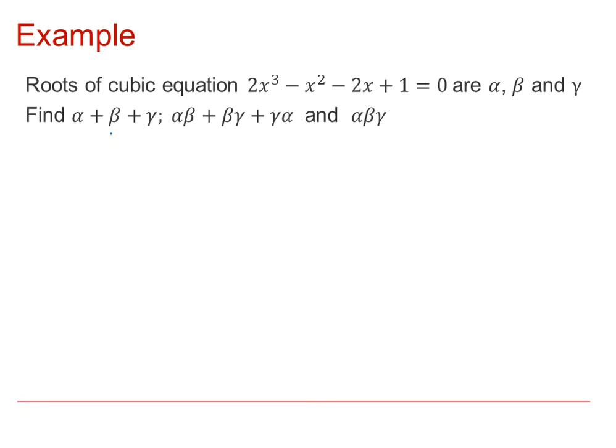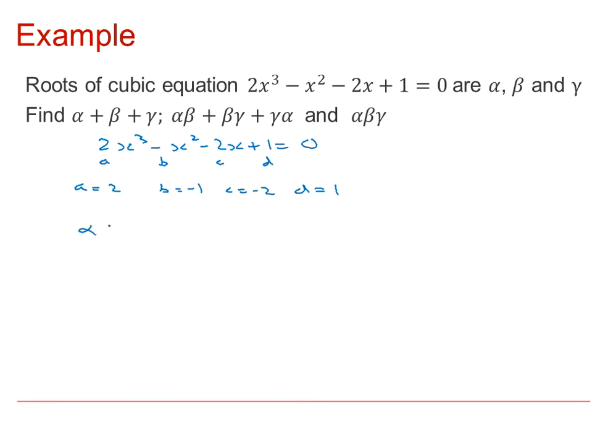And again, if we just look at this equation carefully, making sure we pick out the correct coefficients, so a is 2, b is minus 1, c is minus 2, and d is plus 1. If it helps, you could list these. A is 2, B is minus 1, C is minus 2, and D is plus 1.